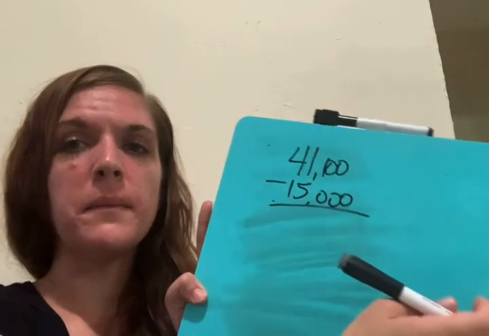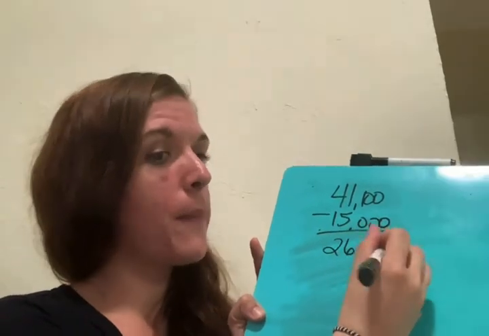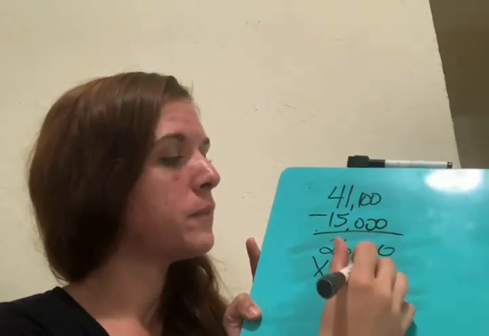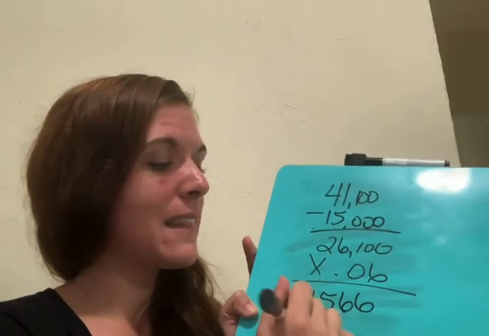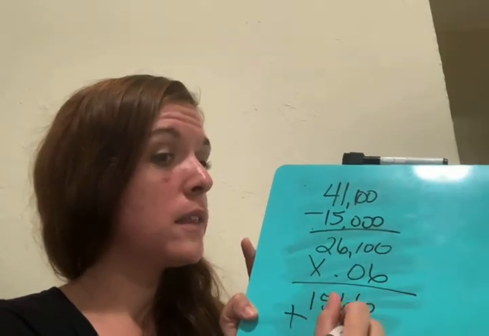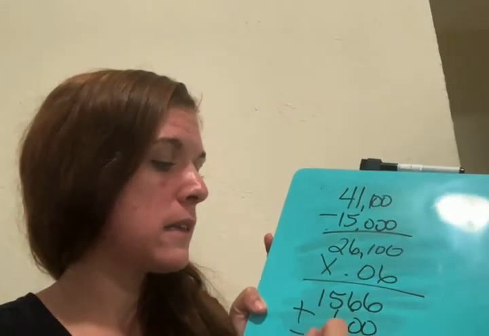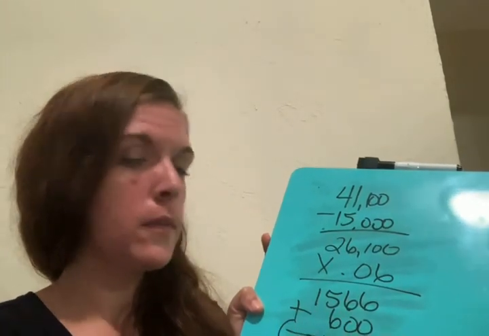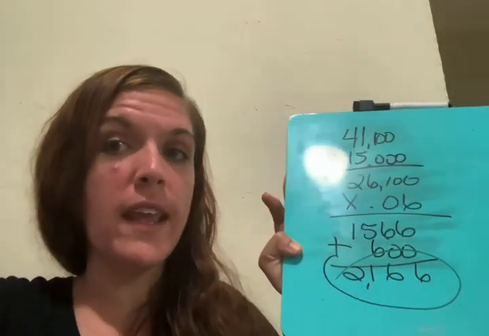So just 41,100 minus 15,000, right? Okay, so you have 26,100, and you multiply that by 6%. So you get 1,566, and then you add that to the $600 base. Okay, super, super easy. $2,166 is your state income tax.